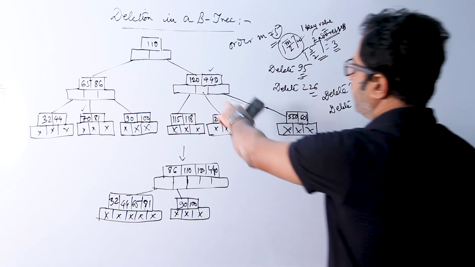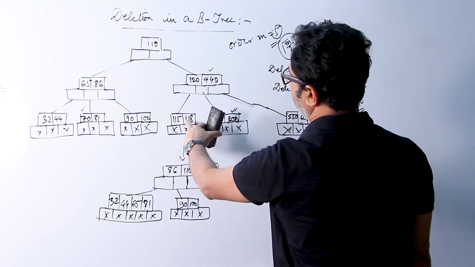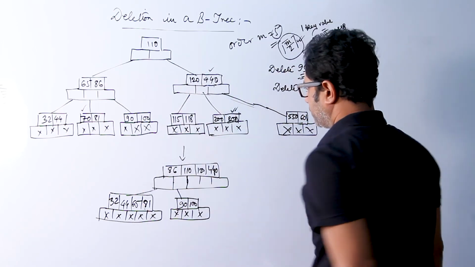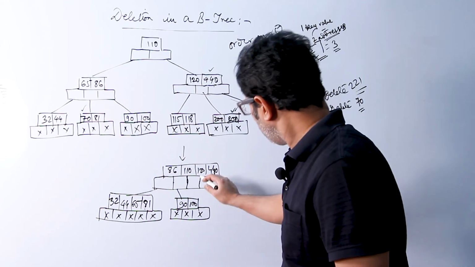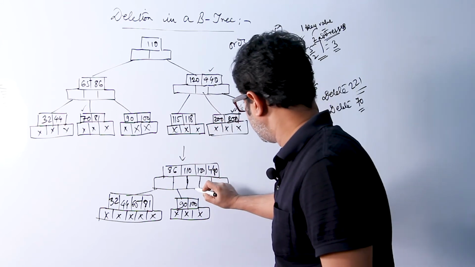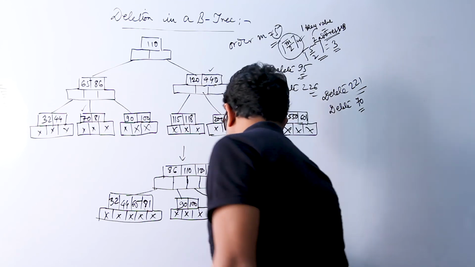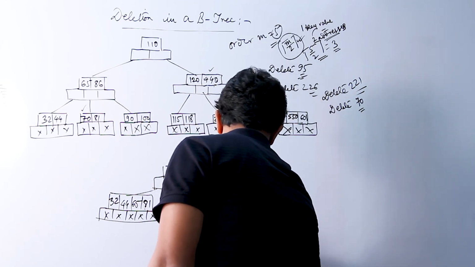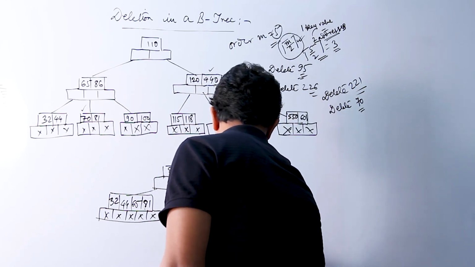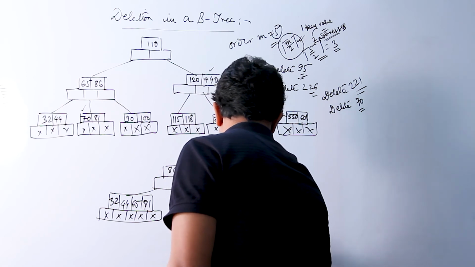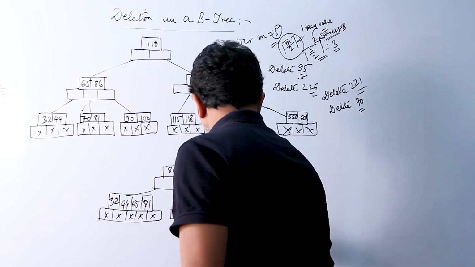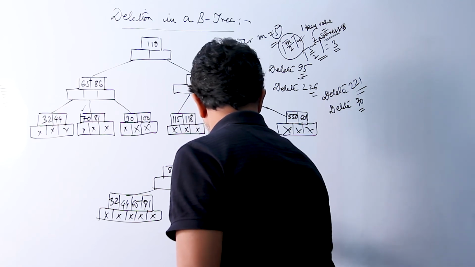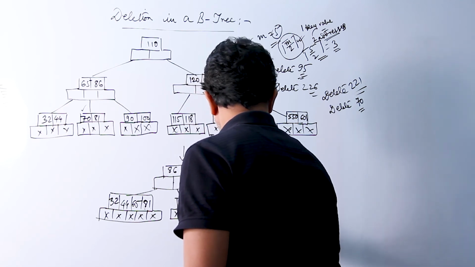Now 120 has a left child with 115 and 118 as key values. So in that case 120 will still have its left child as it was before. So what was there? 115, 118.